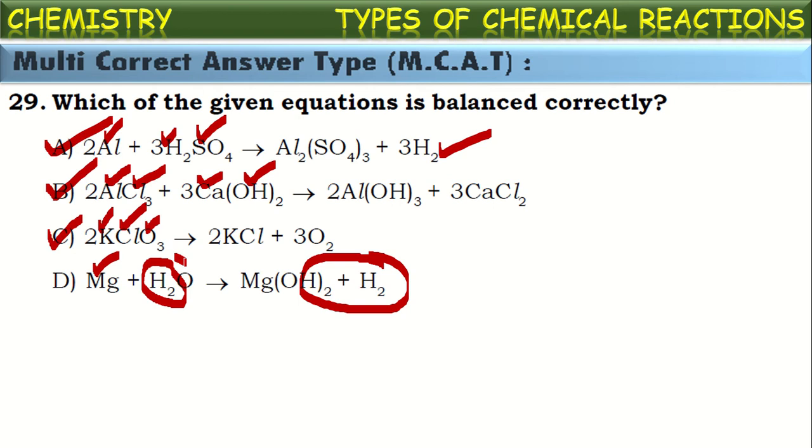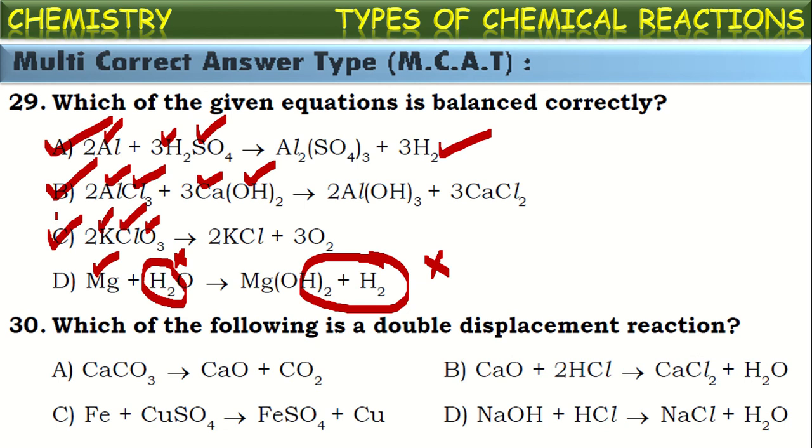So hydrogens are not balanced. We know that if the atoms of even one element are not the same on both sides, then that entire equation is said to be an unbalanced equation. So it is not a balanced equation. Only these three are correct answers.